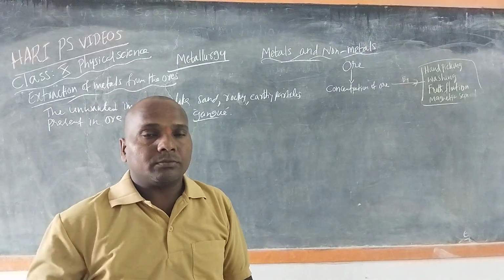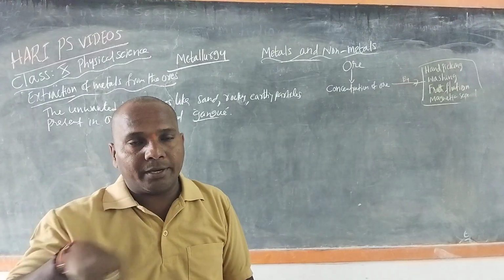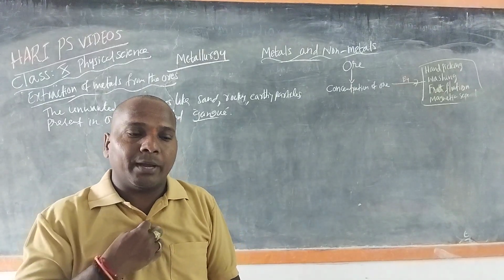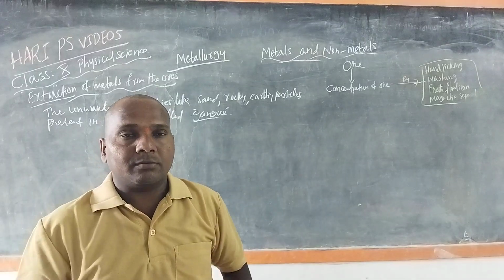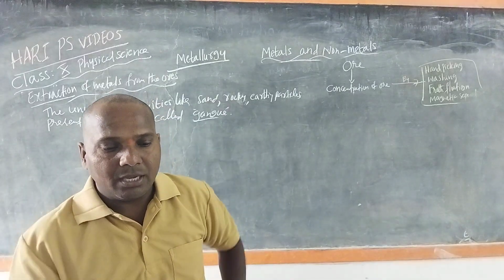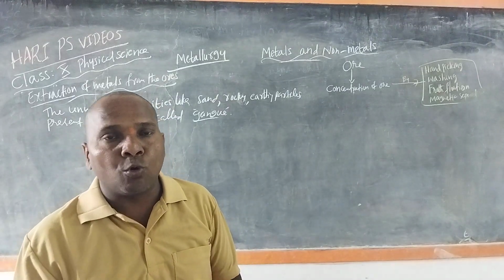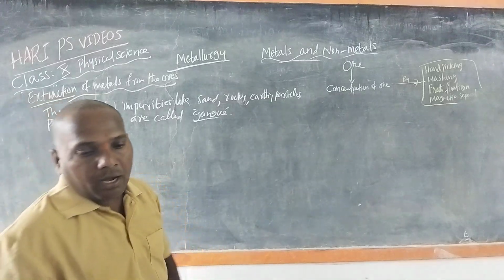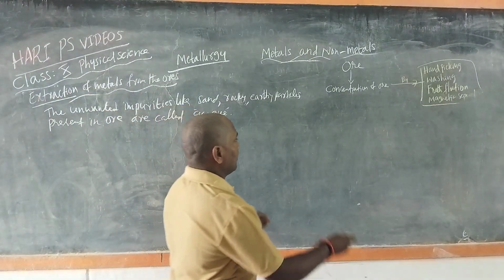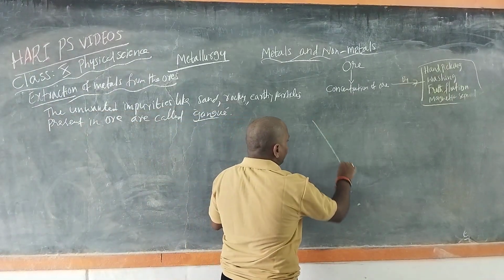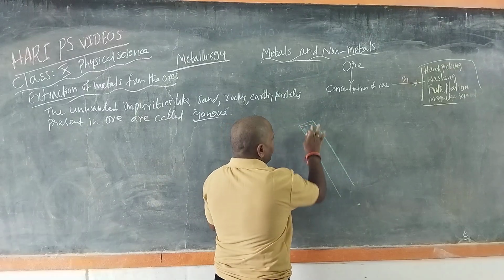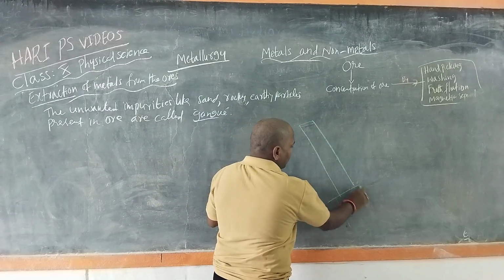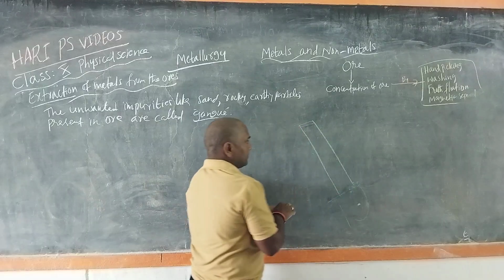So how do we remove the impurities by washing? The ore particles are crushed and kept on a sloping surface, for example, a sloping surface formed like this.